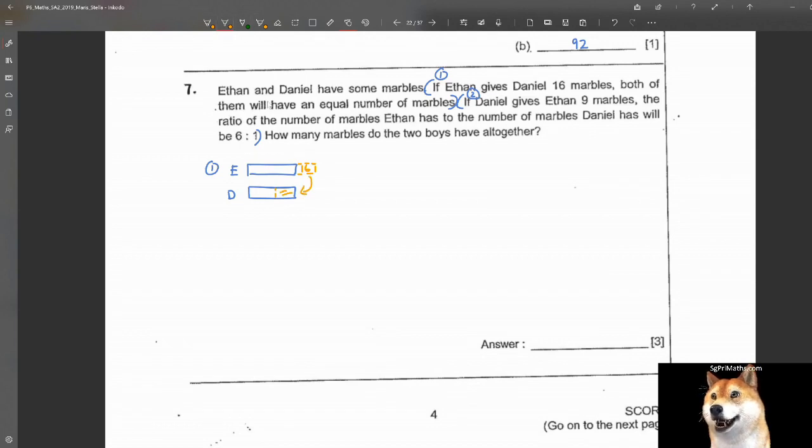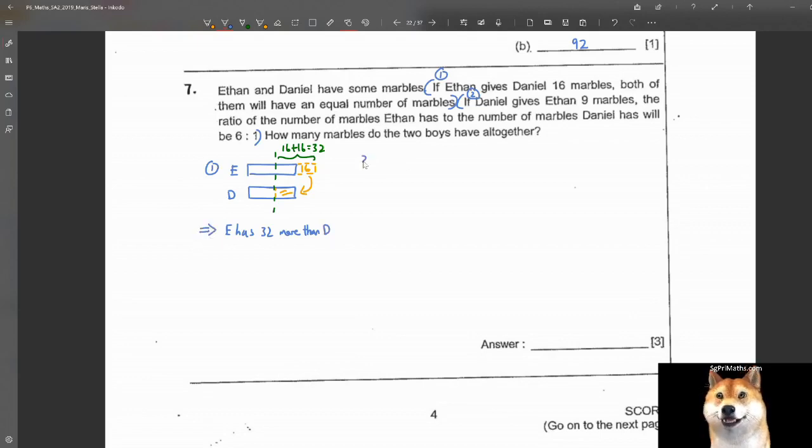What does that mean? It means that from the start, Ethan has 16 plus 16 equals 32 marbles more than Daniel. Okay, let's write this down. Ethan has 32 more than Daniel.